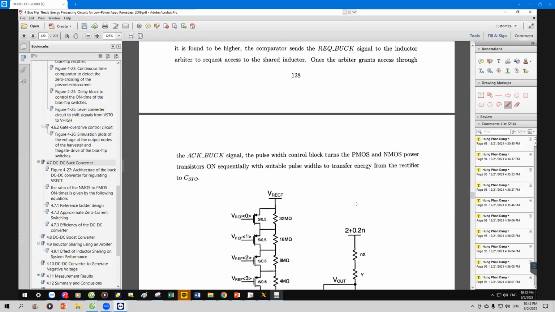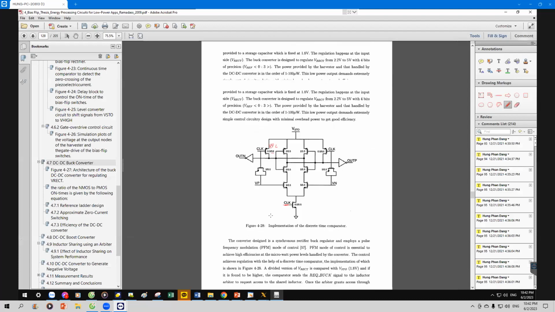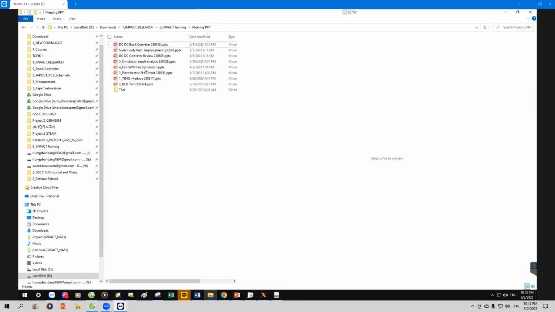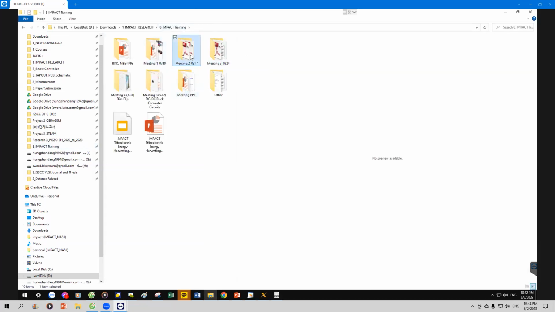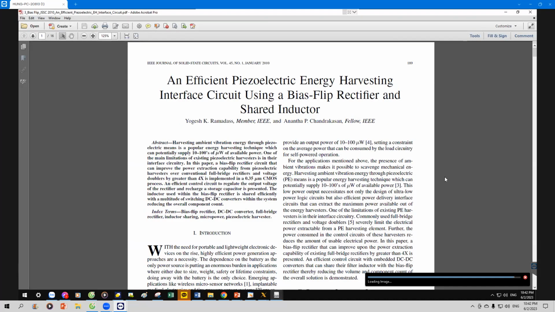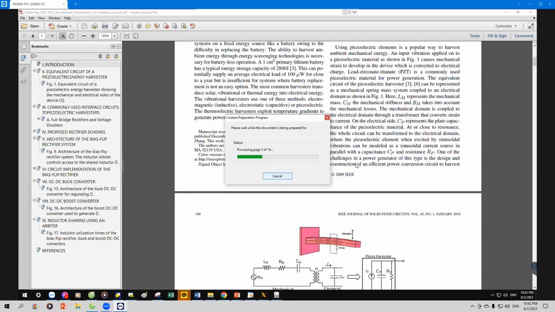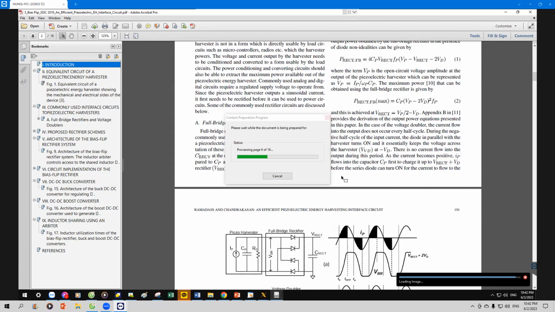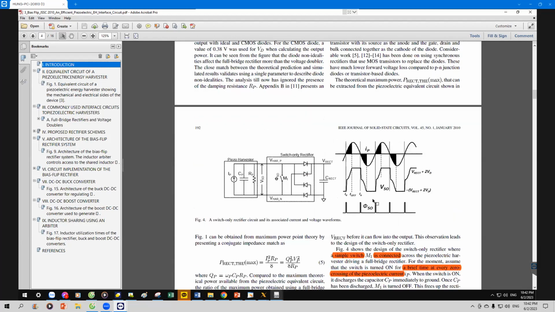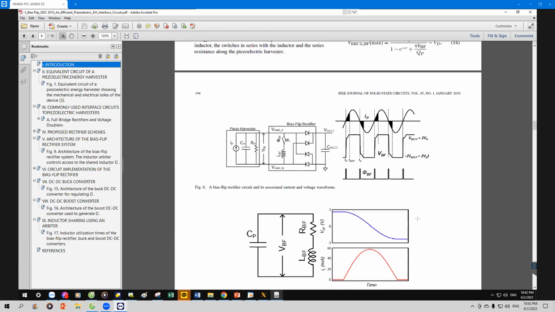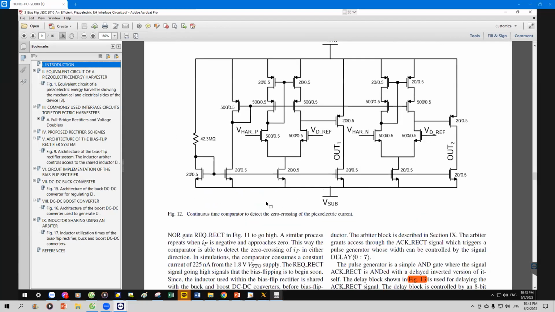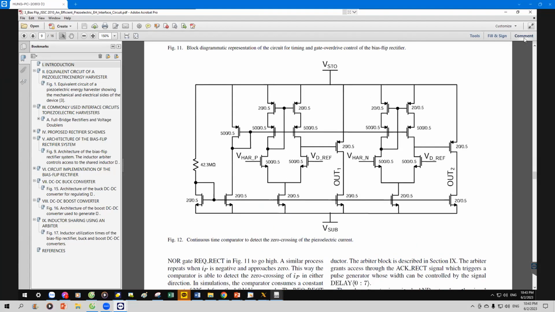And for the static and normal comparator, here is the continuous comparator.